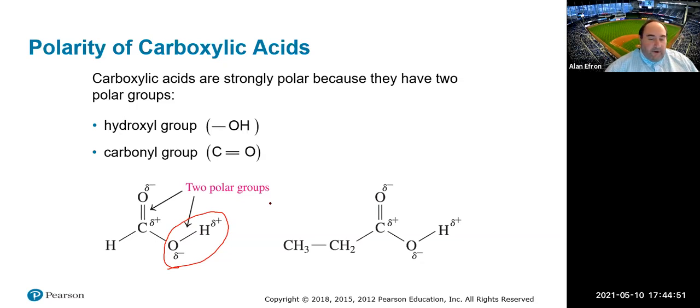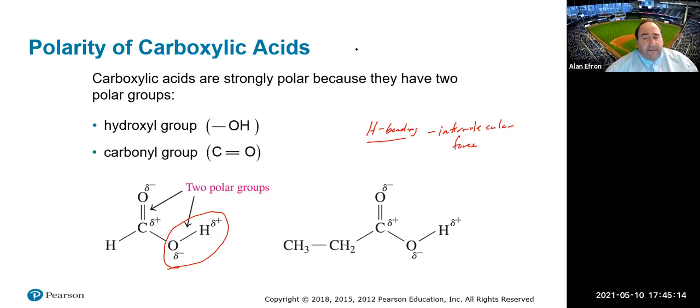What that does for carboxylic acids is give it multiple locations where it can participate in hydrogen bonding. And if you remember, hydrogen bonding is that intermolecular force we've talked about. One important aspect of the ability to hydrogen bond is that it's a relatively strong intermolecular force.